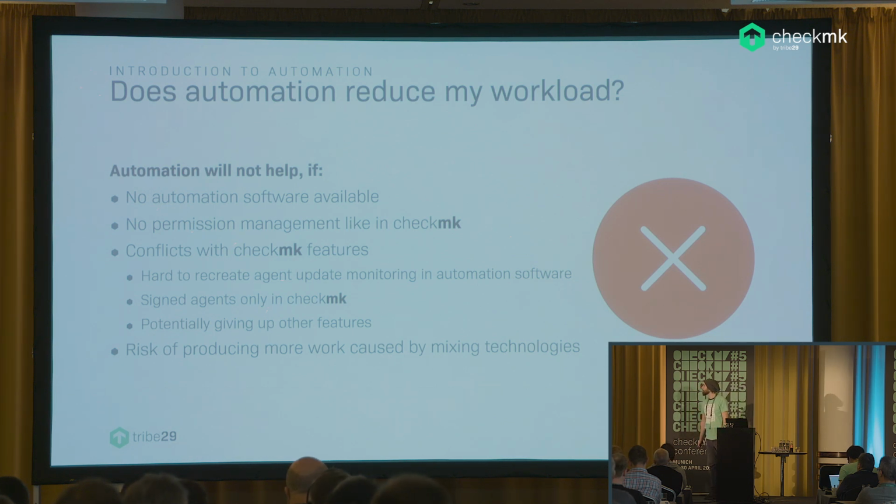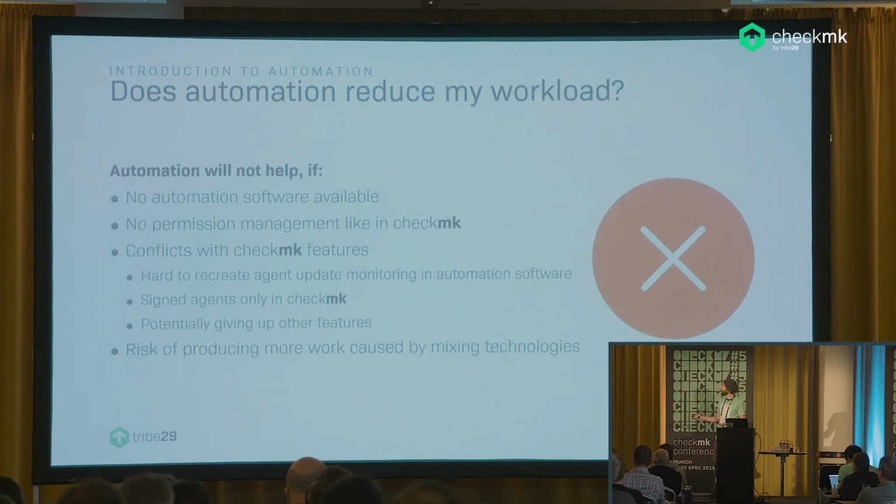So I also mentioned a couple more examples here. For example, the automation software may be replacing some features just because of its architecture, right? Something that you may already have in Checkmk, because Checkmk is really part of all different components, and if you then want to import them to Ansible, then you may actually not use Checkmk anymore, and then maybe users can't do anything or everything.